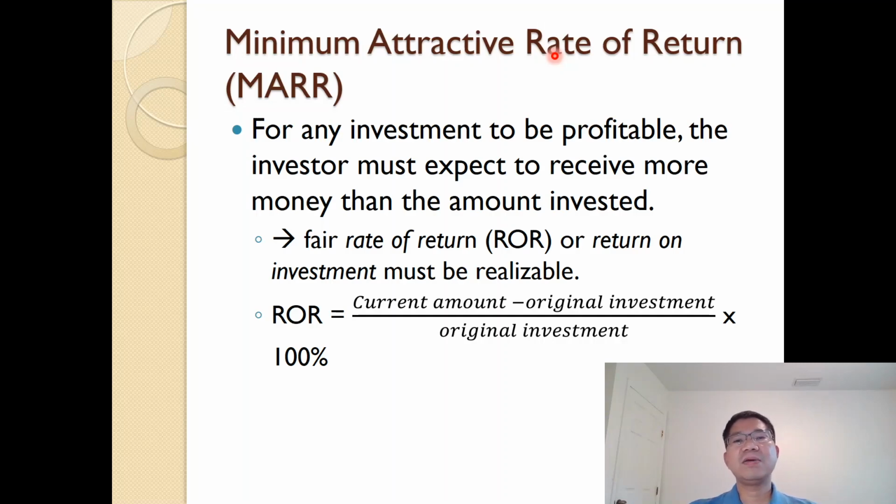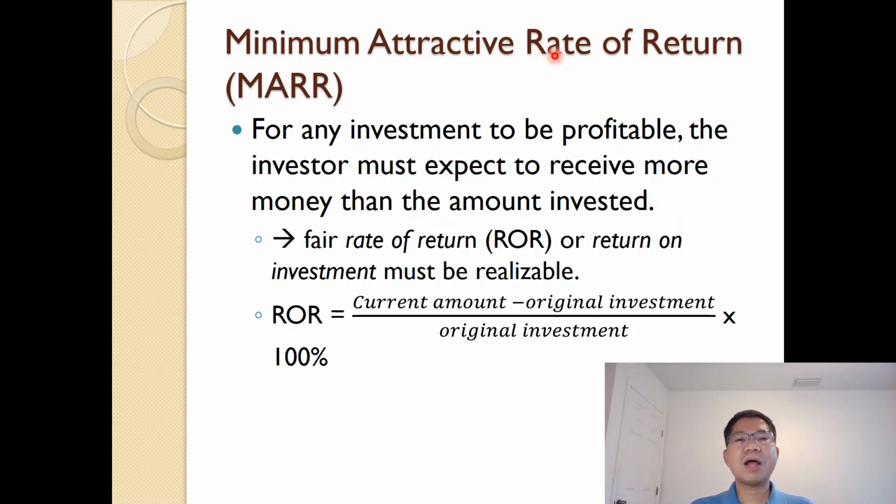For any investment to be profitable, the investor must expect to receive more money than the amount invested. And if you think about investment in a public project, we also want to see more benefit than the cost we spend for that project. So it's the same concept.